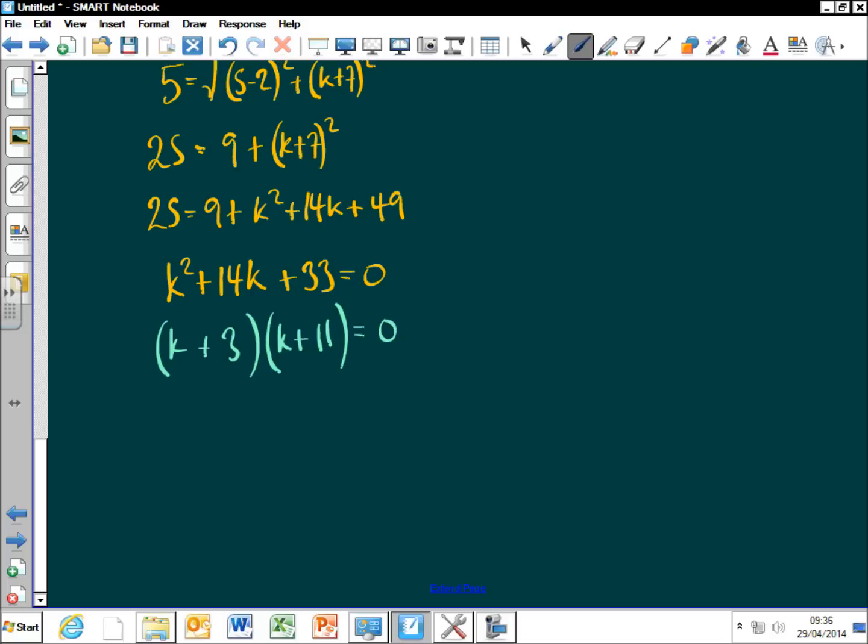So the two possible values of k then, you should be able to see, are the two values that make this 0, and that's k equals -3 and k equals -11. And that's that question.